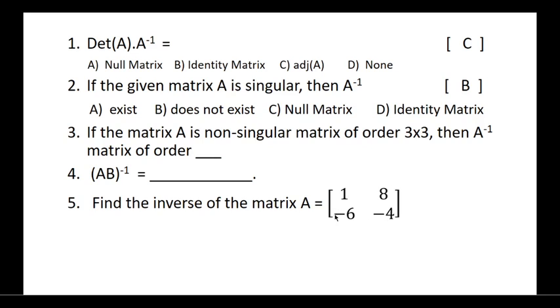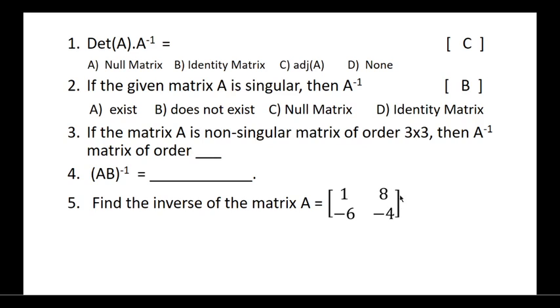After getting all these minors, we write the cofactors. To find the cofactors, we multiply the minor by minus 1 whole to the power of i plus j. The element 1 lies in the first row, first column. That's why minus 1 whole to the power 1 plus 1 into its minor minus 4, that is minus 1 whole square into minus 4, is minus 4.